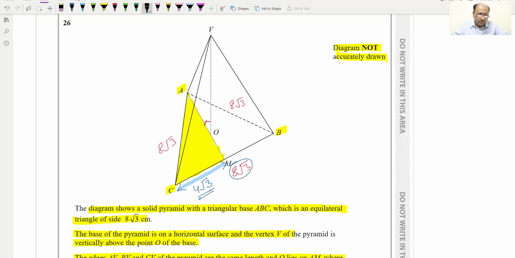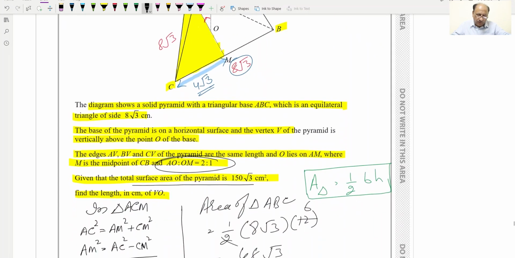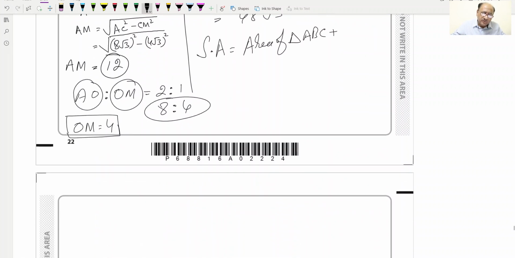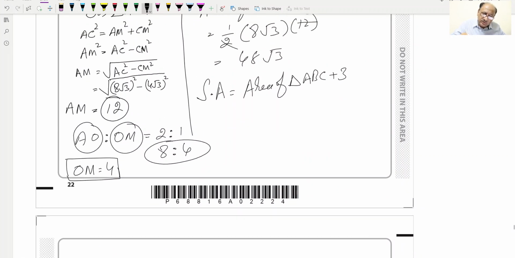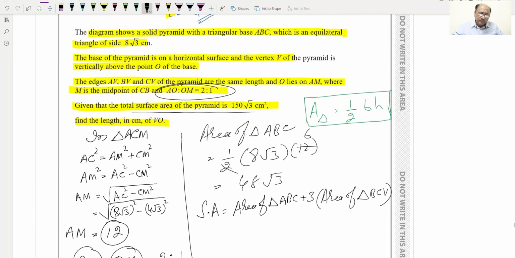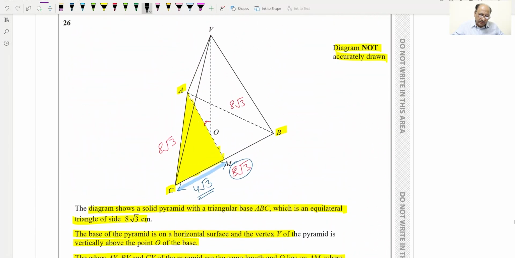So there are 3 triangular areas, and 3 times will be the area of triangle BCV, because all those triangles are the same.